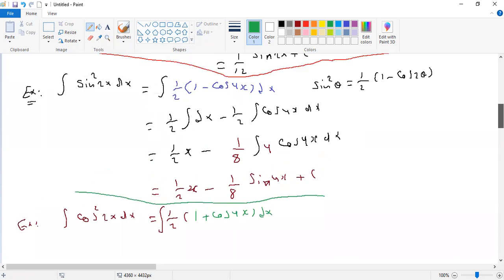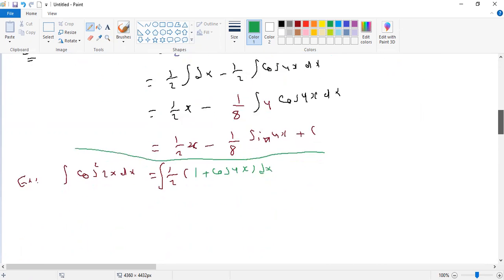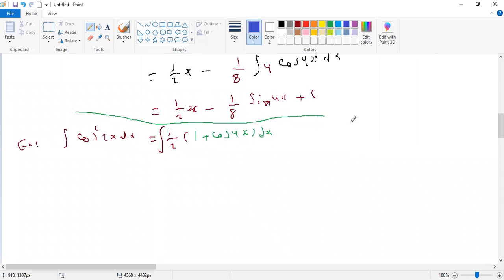Look here, for sine squared it is 1 minus, for cosine squared it is 1 plus.